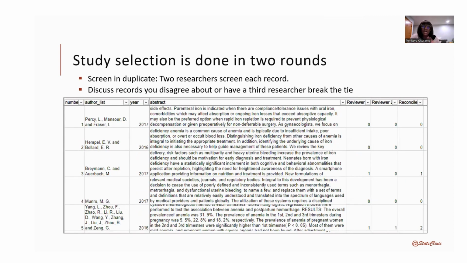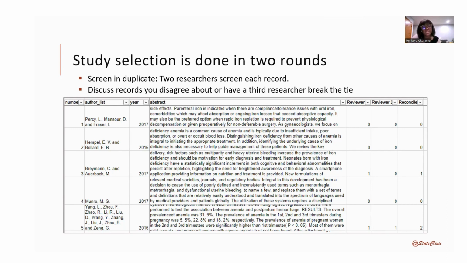And now, in doing this, for the sake of accountability, clarity, and ensuring that no one is making any mistake, systematic reviews and meta-analyses require collaboration with others.